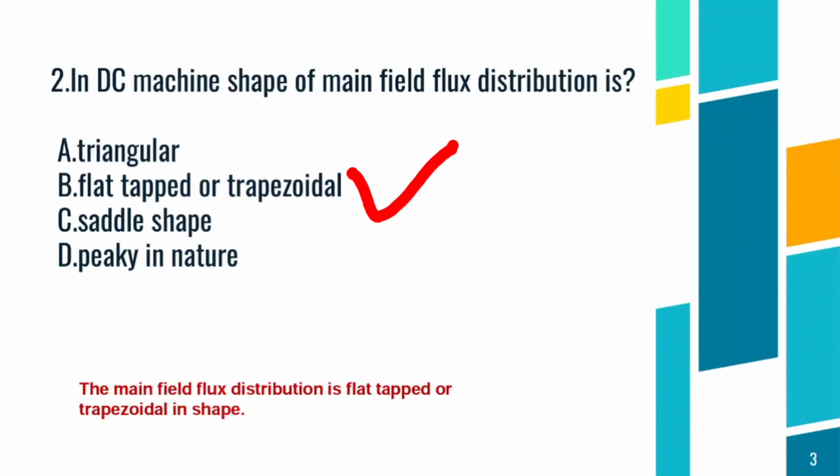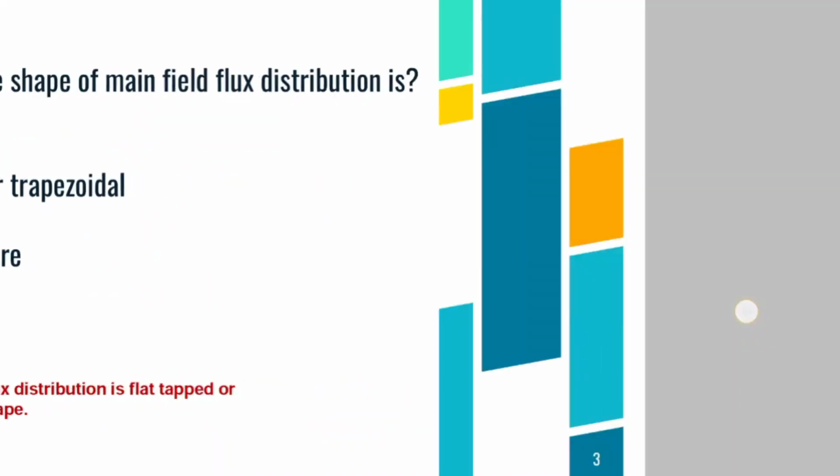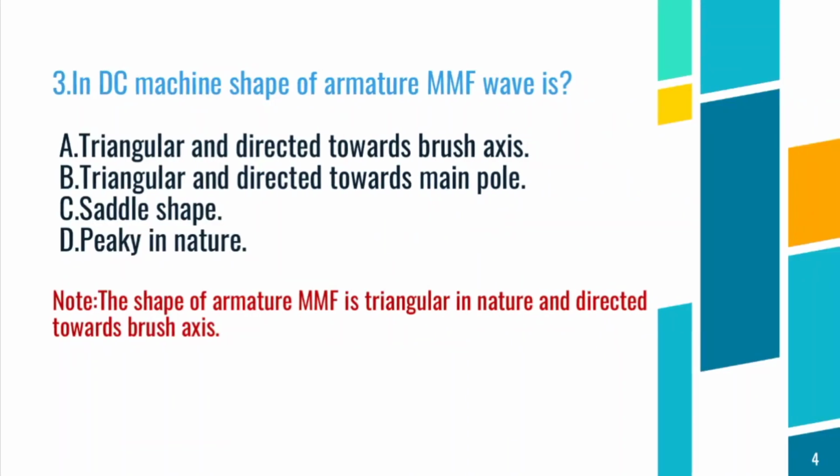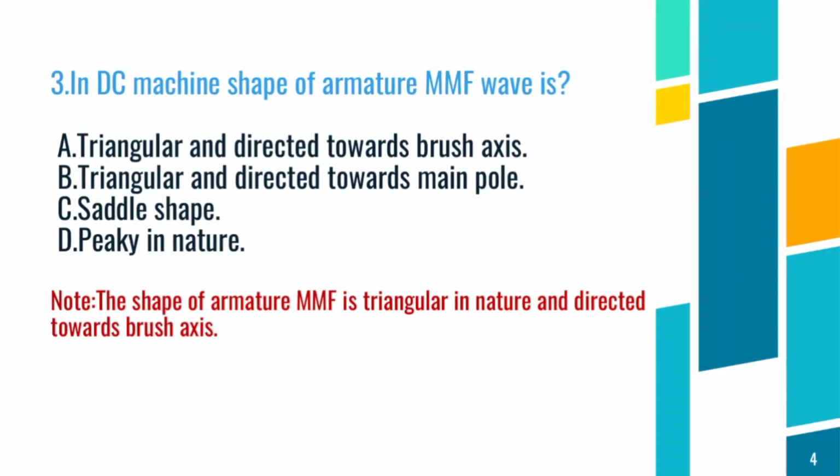Flat topped or trapezoidal is the shape of the flux. Coming to the third question. In a DC machine, the shape of armature MMF is triangular in nature and directed towards the brush axis.